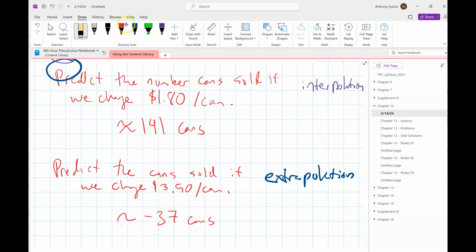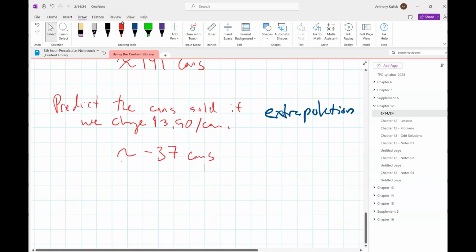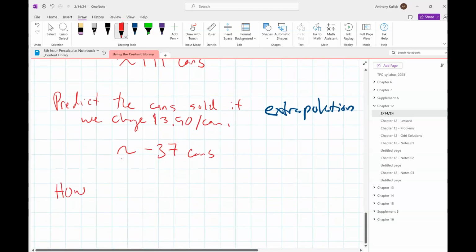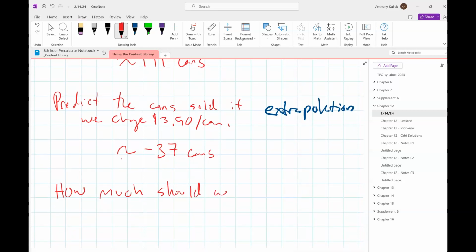What if we instead asked, say we wanted to find out how much we should charge if we want to sell 100 cans.